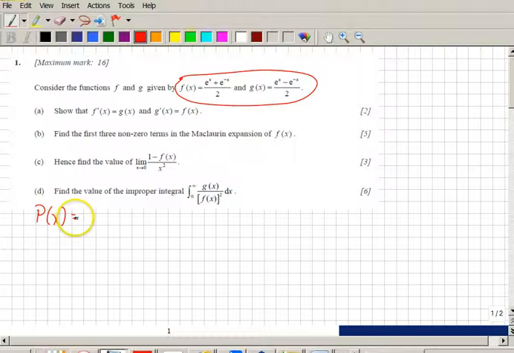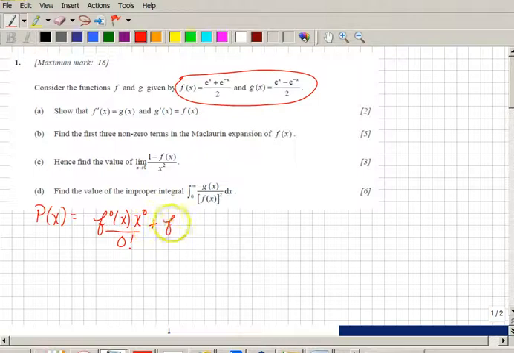A power expansion is the function, the zero derivative of the function is what I like to call it, times x to the 0 over 0 factorial, and then the numbers just keep going up.